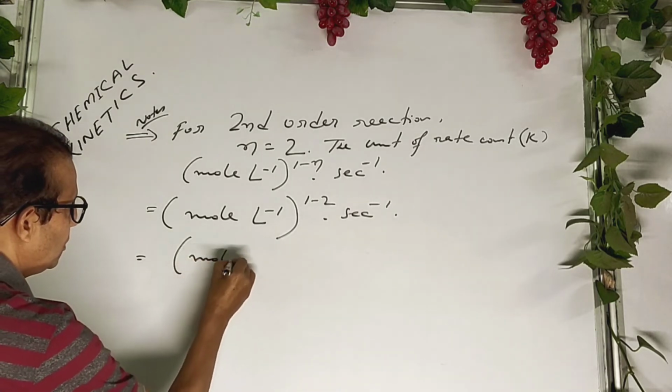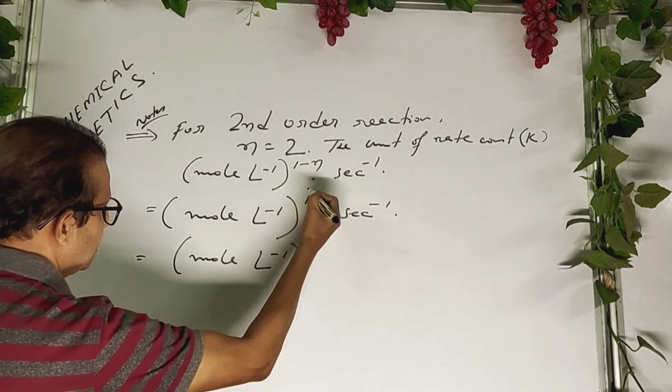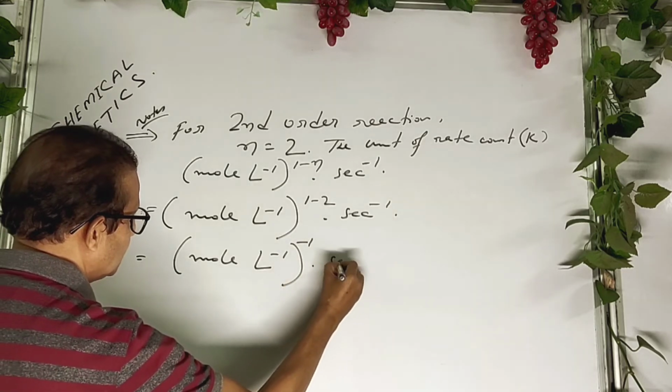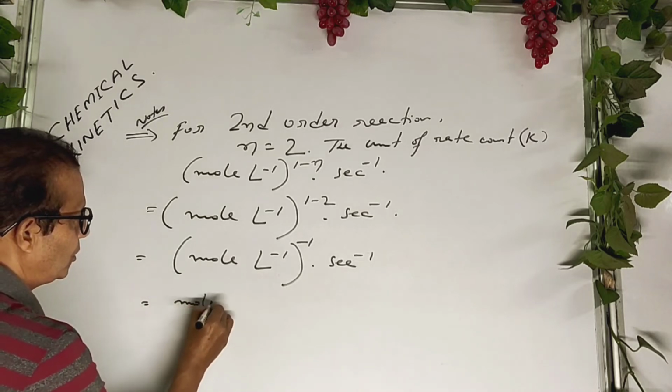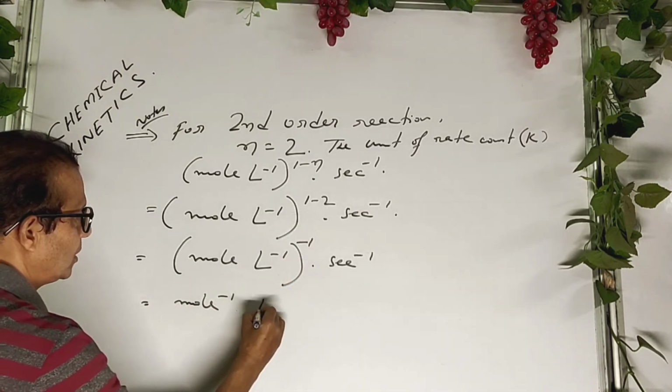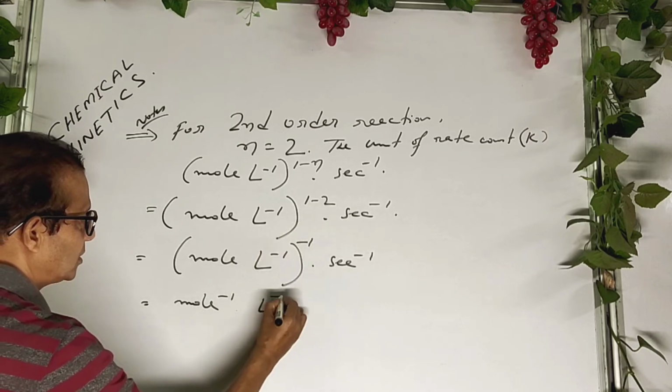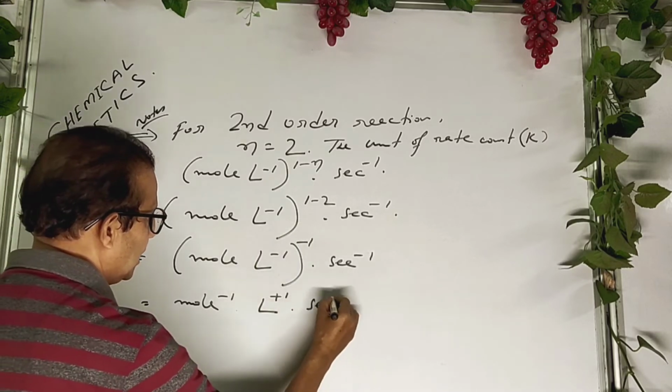So it is mole per liter to the power minus 1 into second inverse. Just remove the bracket, okay. So it is mole to the power minus 1, liter to the power plus 1 and second inverse.